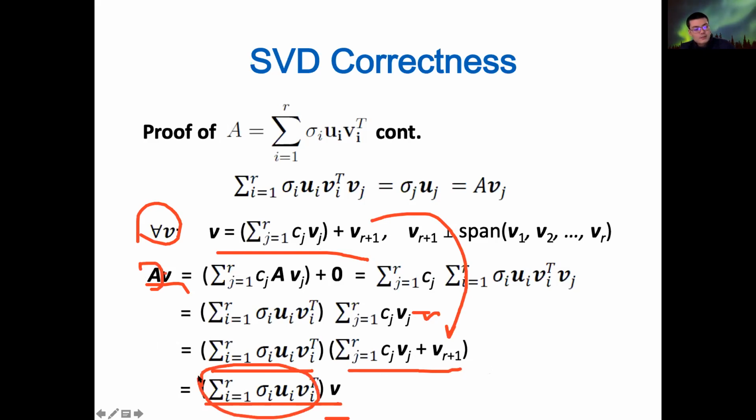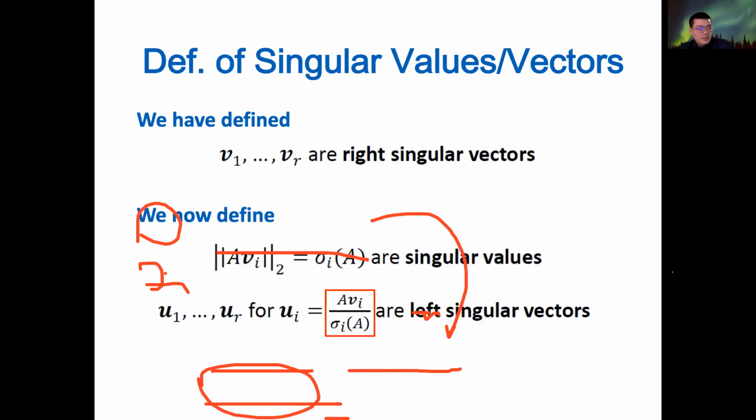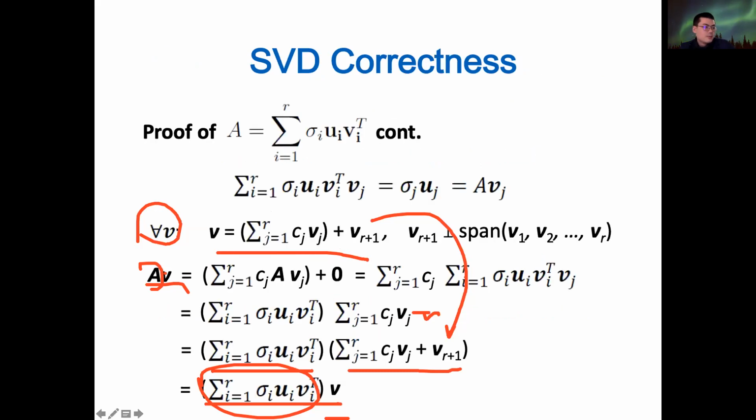Now this shows that if we define, let me see where we define here. We define, after we tell you how to find V1, V2, Vr, right? And we define sigma like this, and then we define the U like this, okay? And we show that you can really put things back into this shape, and this is really just A, okay?